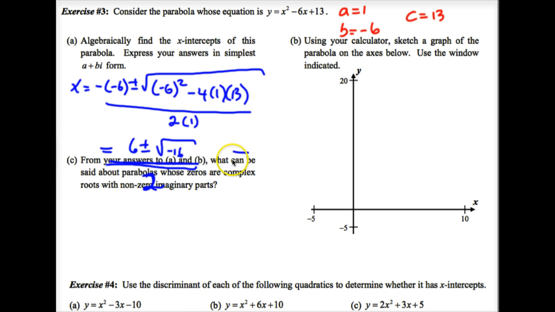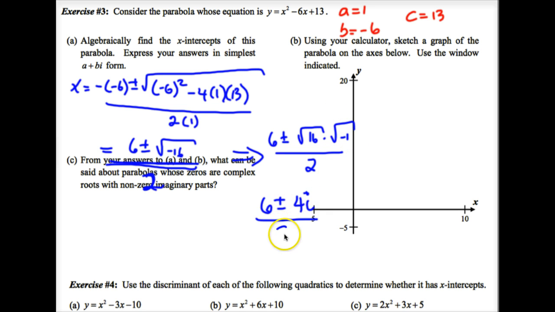This is actually the same thing as 6 plus or minus the square root of 16 times the square root of negative 1 over 2. This is simplified as 6 plus or minus, what's the square root of 16? It's 4. The square root of negative 1 is i, over 2. And then they want your answer in simplest form, which is 3 plus or minus 2i.